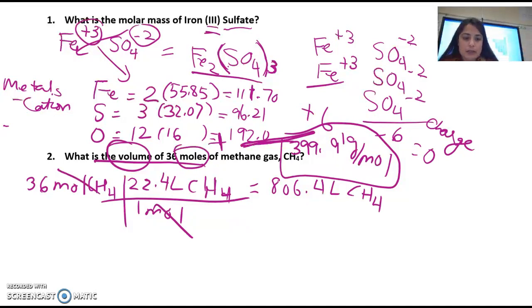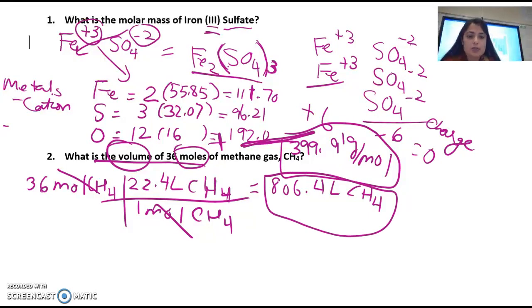And your mole units are going to get canceled. And so this is your answer. So a mole of a gas always has 22.4 liters in volume, okay? And that's STP conditions, all right? If you guys are not familiar with that, just use your mole map and know that this is the conversion and that's the way you use it. Hopefully it makes sense.